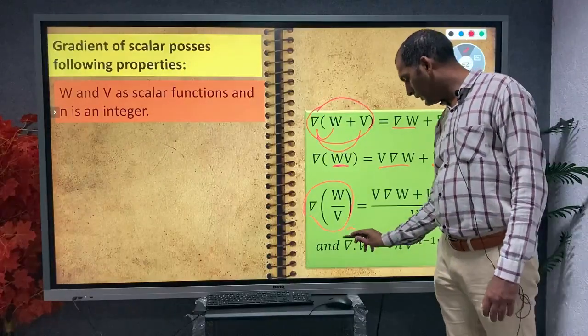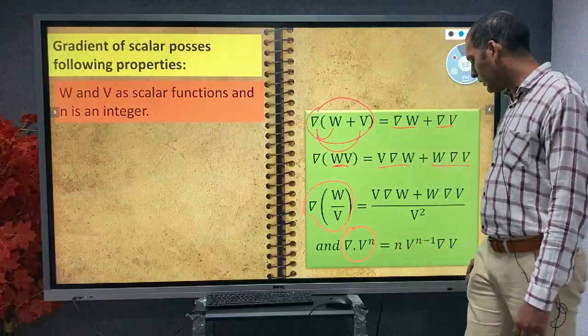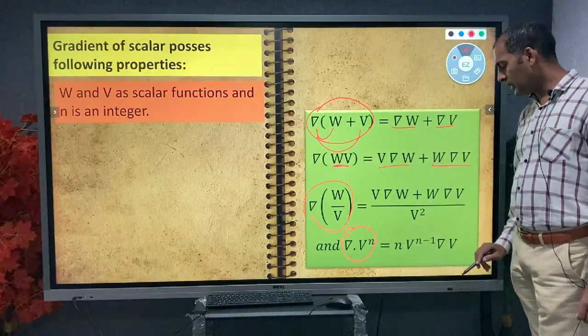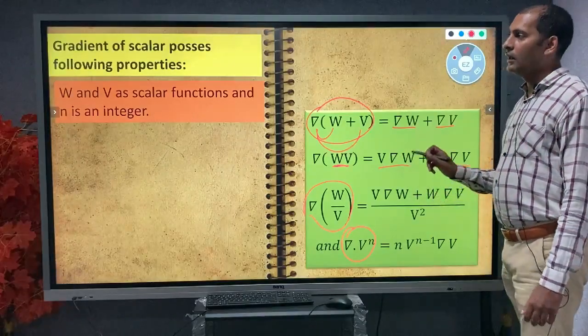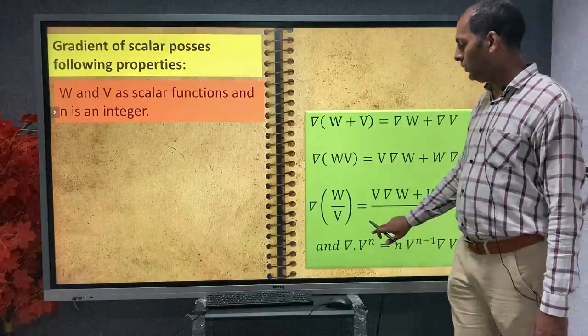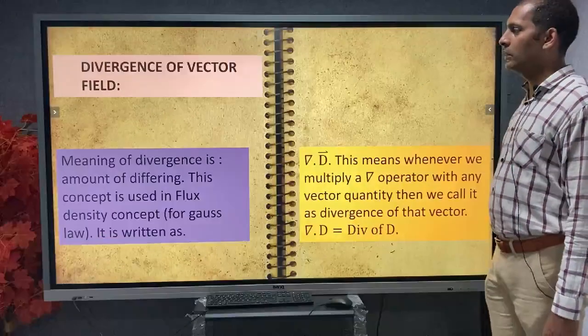And similarly, if we are taking some power V to the power n, then it will be n V to the power n minus 1 del V. These are the properties of gradient. In the subject, voltage gradient is what we normally use.